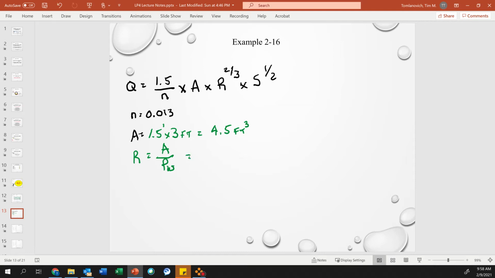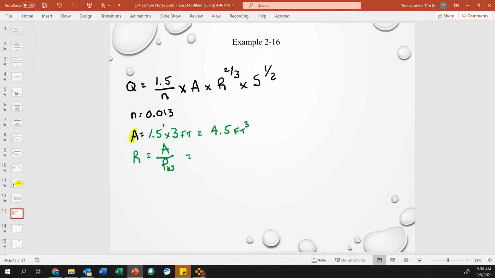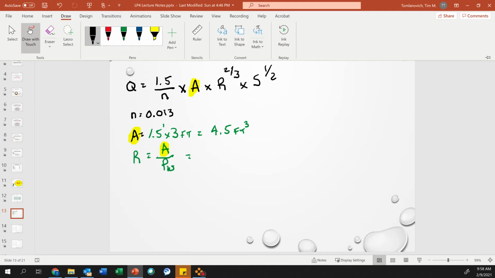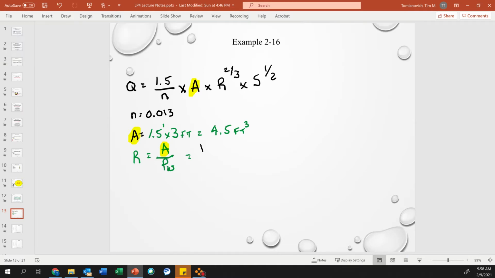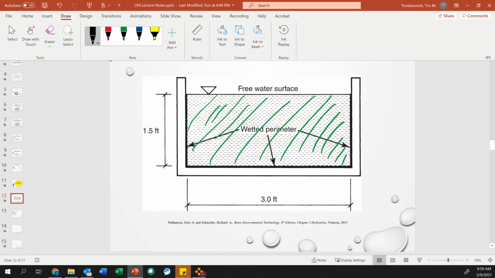So we know this term is the same. All three of these are the same, the cross-sectional area of flow, okay? So to figure out hydraulic radius, it's the same value. So we use 4.5 square feet divided by, now what is our wetted perimeter? Remember, it's the water that's only touching the walls.